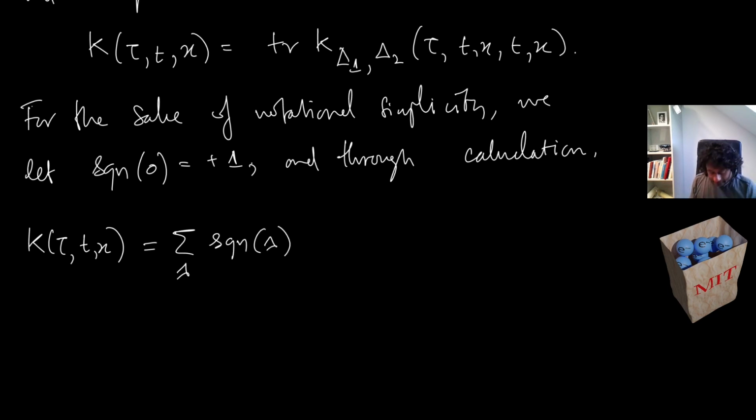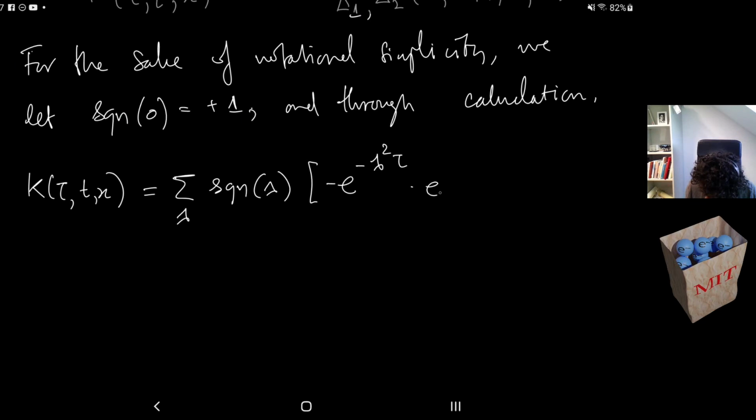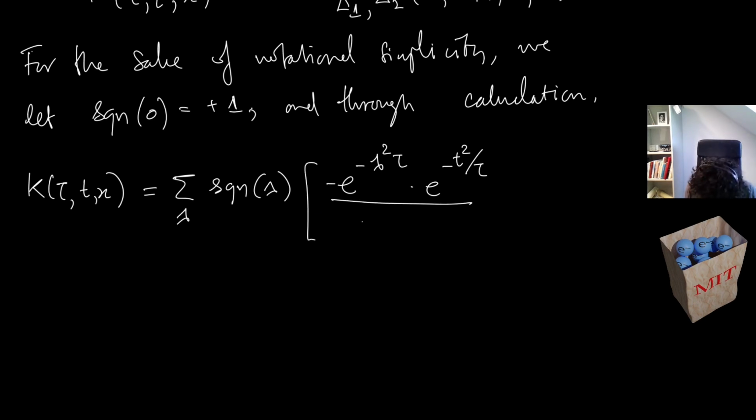So what we get is that this object that we've defined is the signum of lambda times negative e to the negative lambda squared tau multiplied by e to the minus t squared divided by tau, divided by pi t to a half plus modulus lambda.